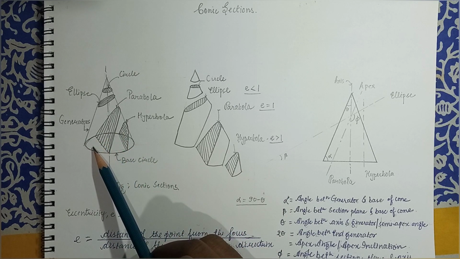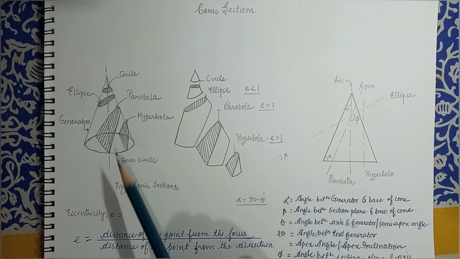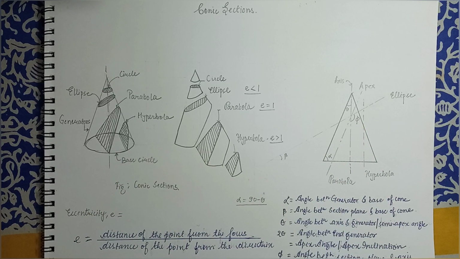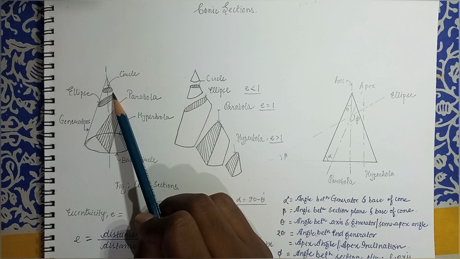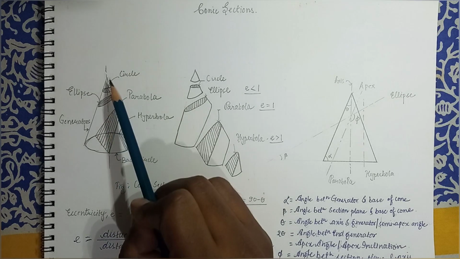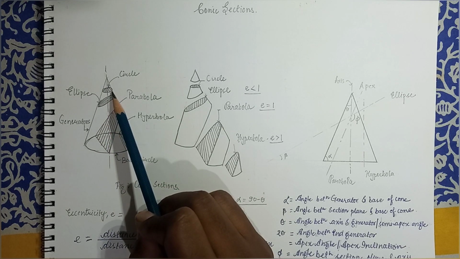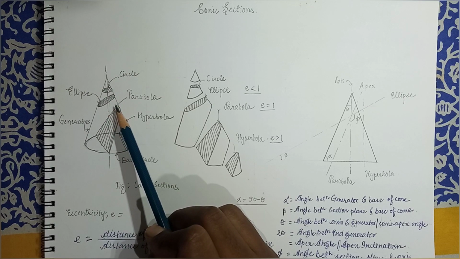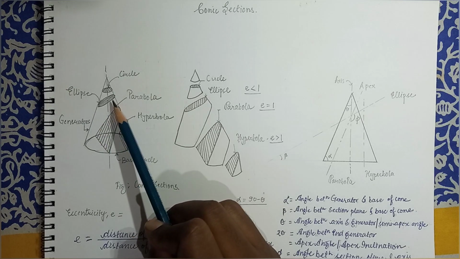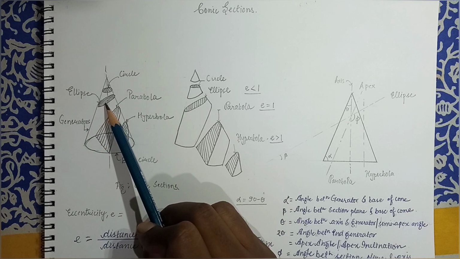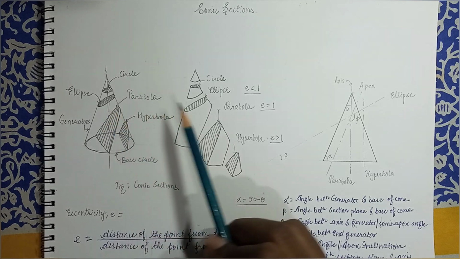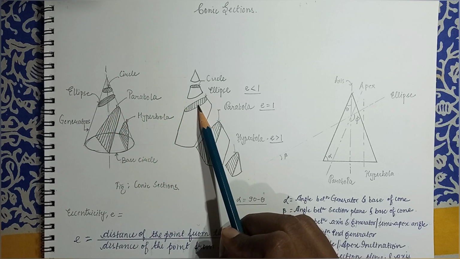So when the section plane is cutting at different positions, we get different sections. When the section plane is parallel to the base circle and perpendicular to the axis of the cone, then the section obtained is a circle. When the section plane is inclined to the axis and it cuts all the generators on one side of the apex, the section obtained is the ellipse, right?